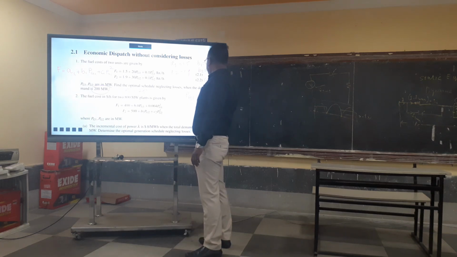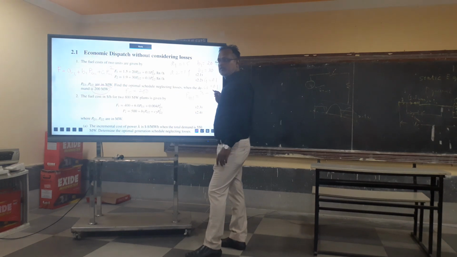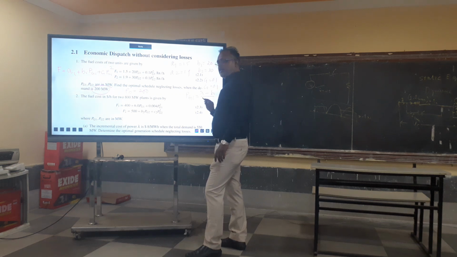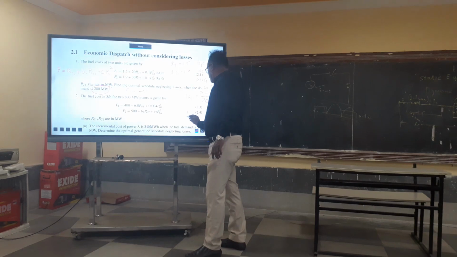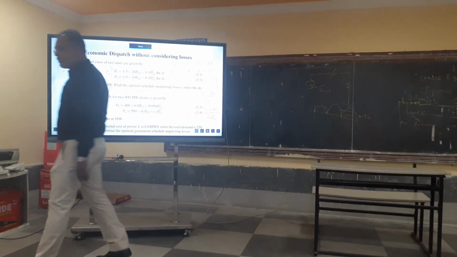PG1 is lambda minus B1 divided by 2C1, as you have written in the previous slide. What is PG2? Lambda minus B2 by 2C2. But for that you need to find out lambda first.